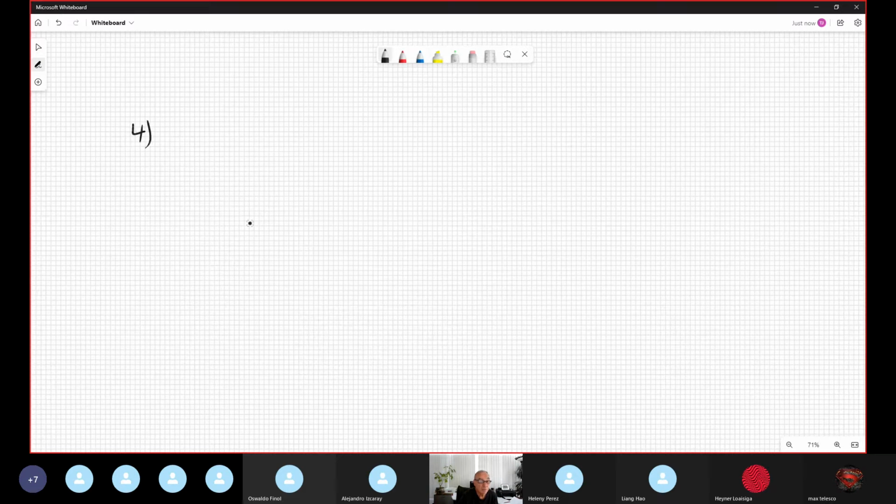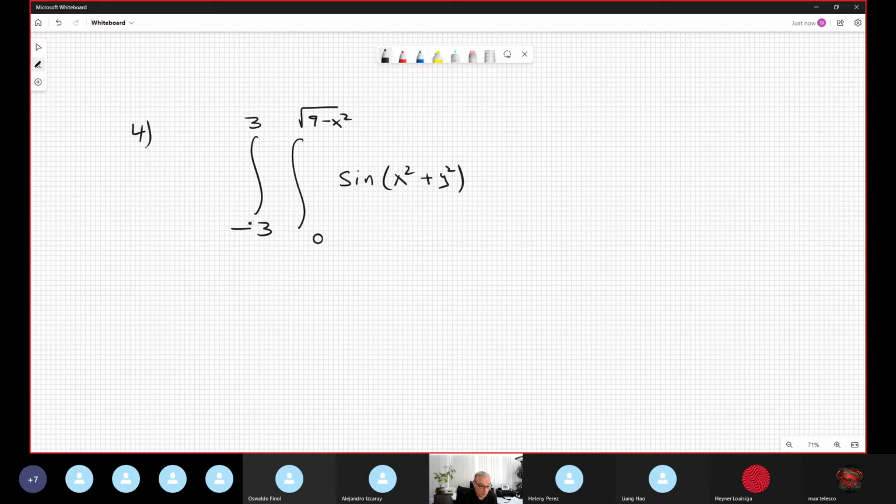Number 4. The integral is the integral from -3 to +3, 0 to square root of 9 minus x squared, sine of x squared plus y squared, dy dx.